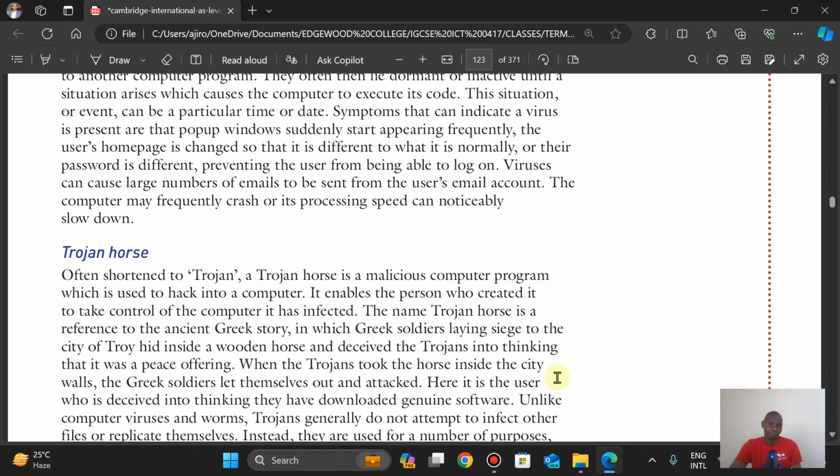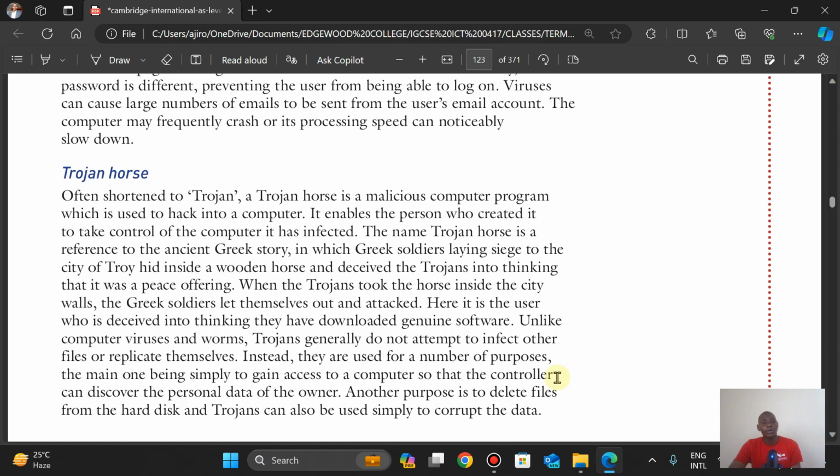Trojan horse. A Trojan horse is shortened to Trojan. It's also a type of malicious computer program which is used to hack into a computer. It enables the person who created it to take control of the computer it has infected. The name Trojan horse refers to an ancient Greek story in which Greek soldiers laying siege to the city of Troy hid inside a wooden horse, deceiving the Trojans into thinking it was a peace offering.